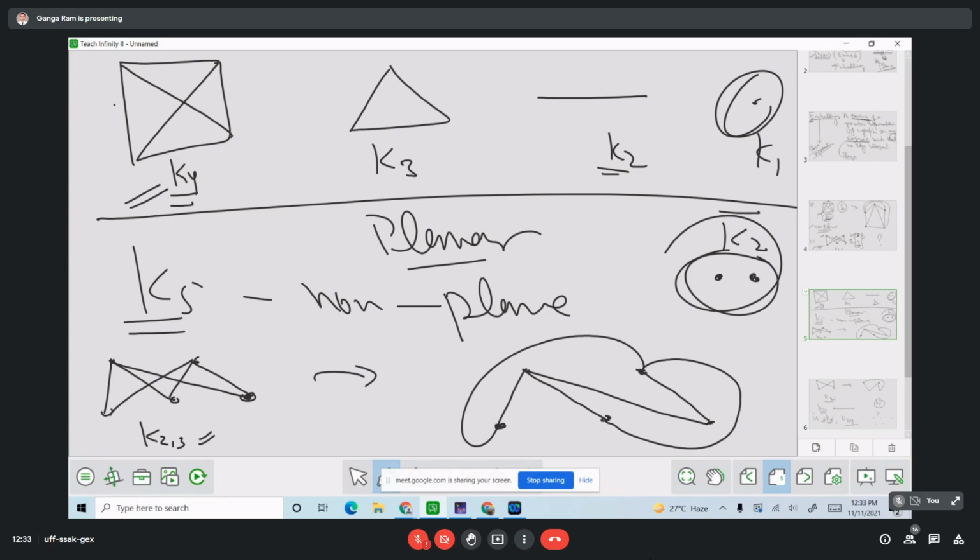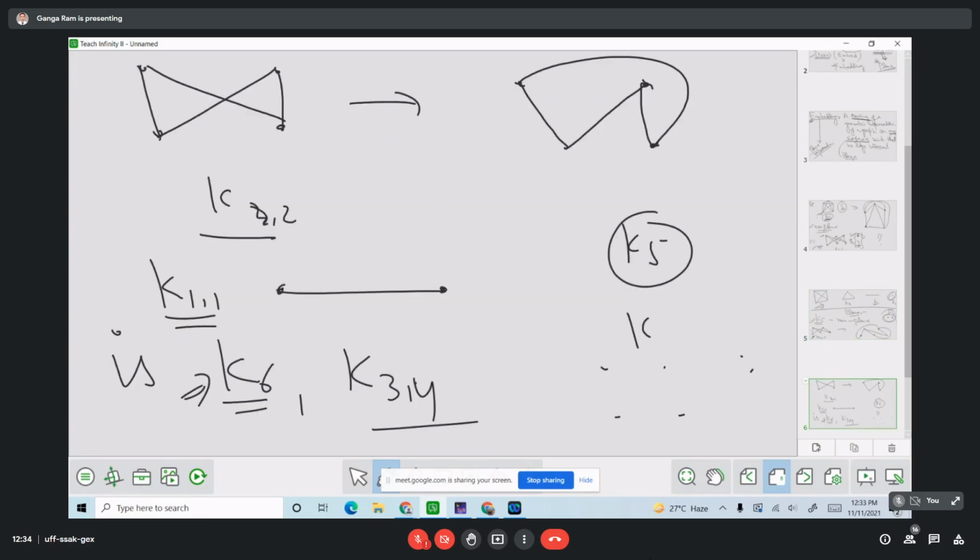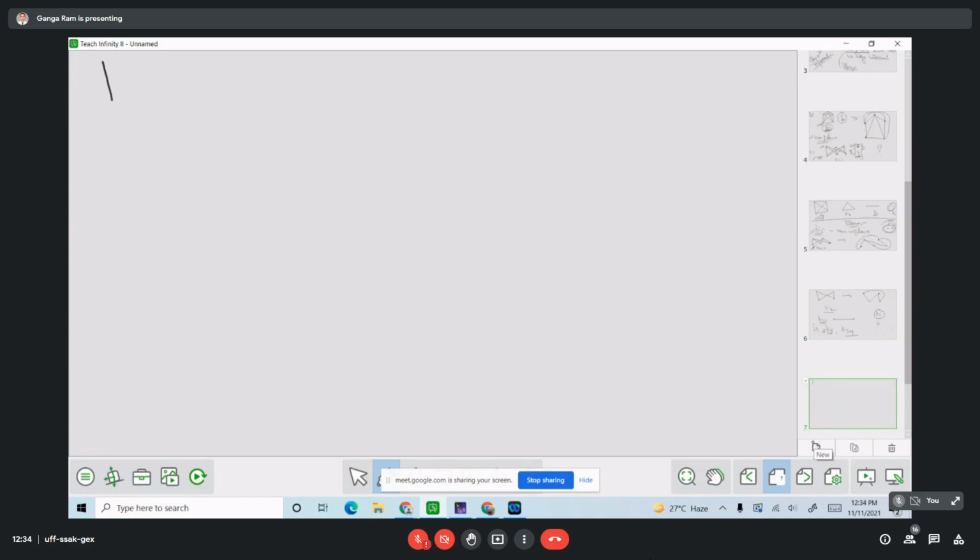Okay, so basically these two graphs, K5 and K33. K5 is the complete graph with 5 vertices and K33 is the complete bipartite graph with order 6 and size 9.